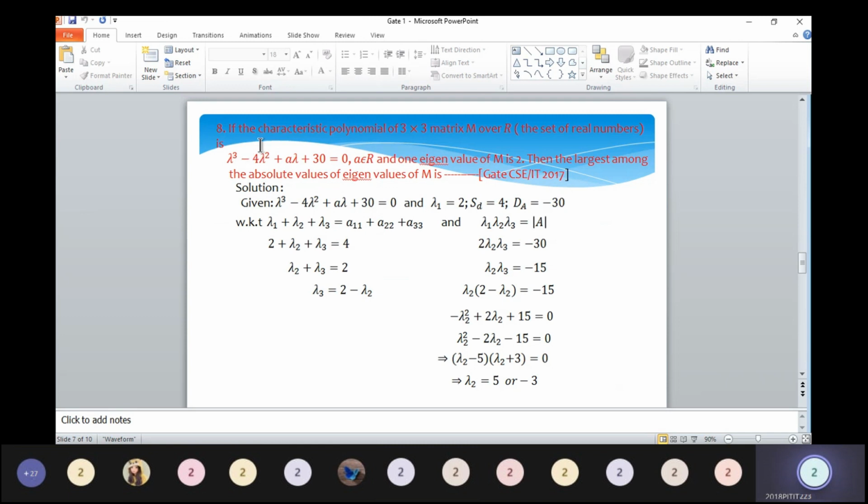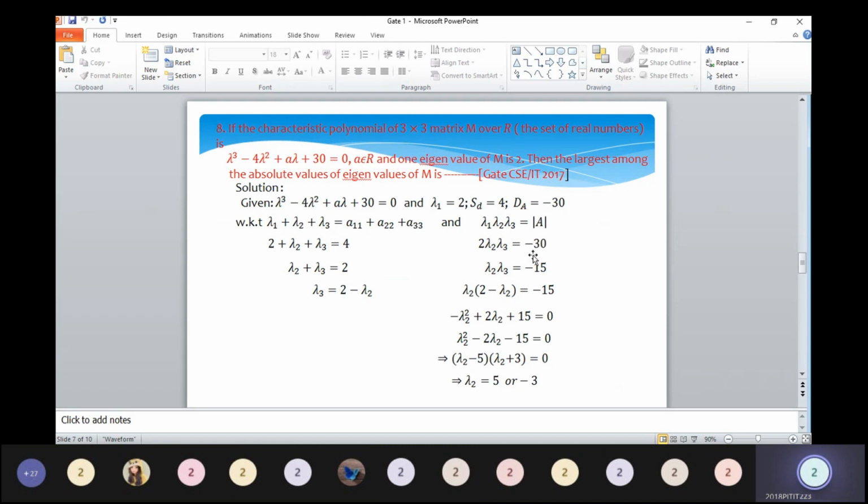This is the product of the eigenvalues, and it is also the determinant of A. Substituting, the sum of the main elements equals the sum of the eigenvalues, that is 4. By formula, the constant term is minus the product of the eigenvalues, so the product of the eigenvalues, the determinant of A, is minus 30.